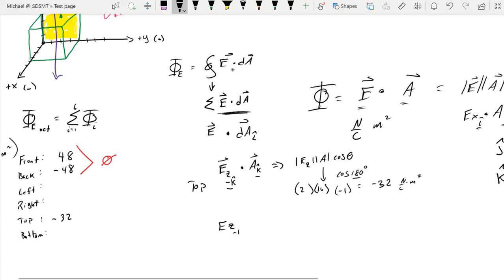But then if we drop down to the bottom face, it is going to face down in the negative direction. And so all that this is going to accomplish is that it's going to switch the cosine 180 to a cosine 0, which will produce a +1. And that's going to produce a +32 newton coulomb meter squared.